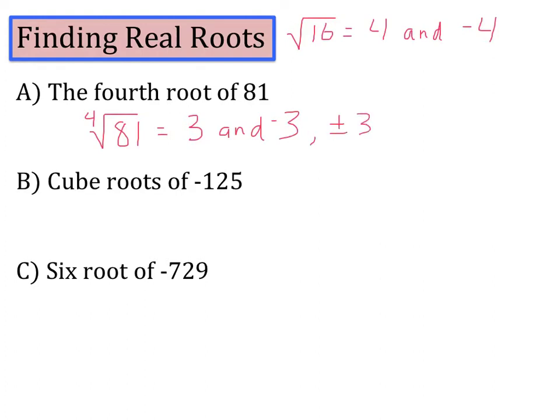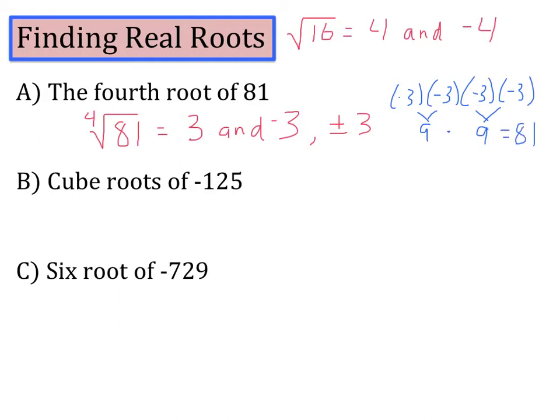And the reason for that is 3 times 3 times 3 times 3 gives you 81. But also, if you did negative 3 times negative 3 times negative 3 times negative 3, you'd have 9 and 9, and those two together would be 81.